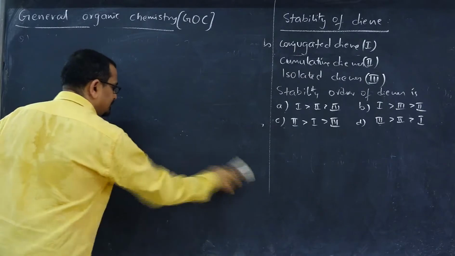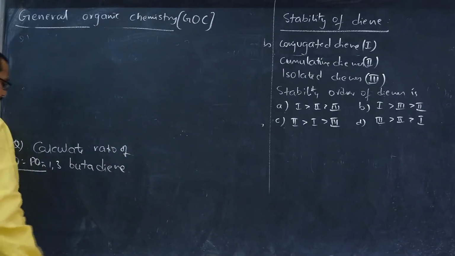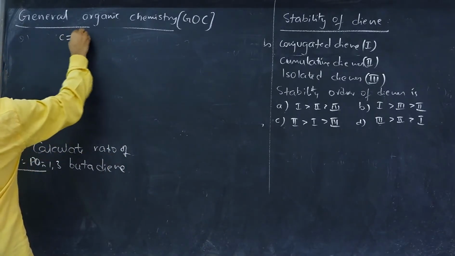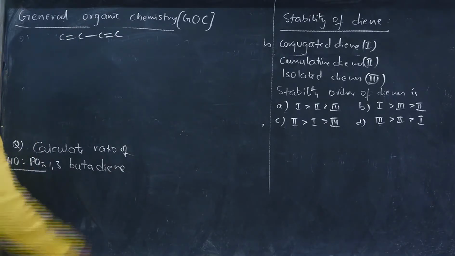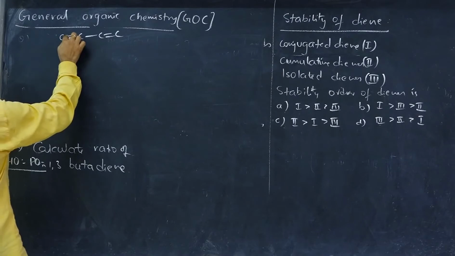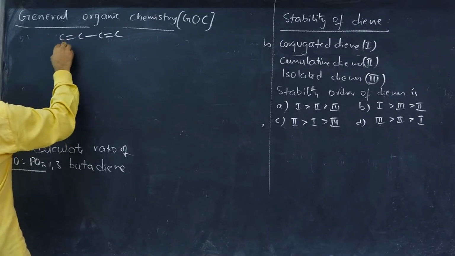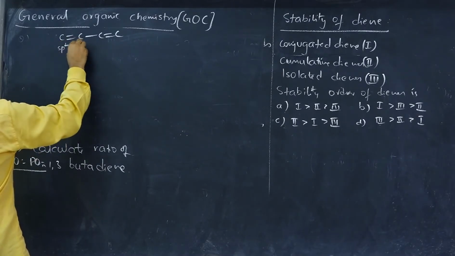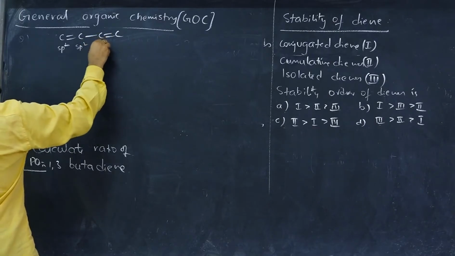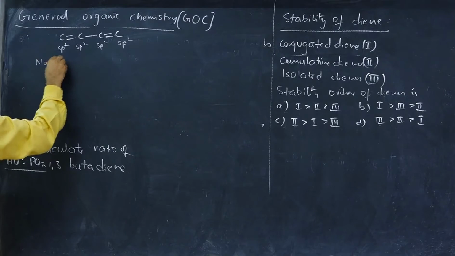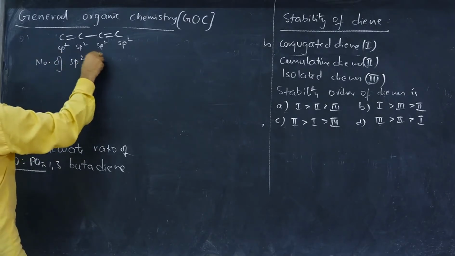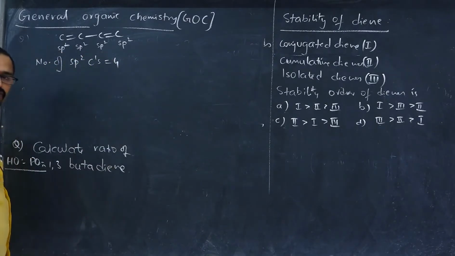See, this is 1,3 butadiene, a conjugated diene, right? When a carbon is forming 1 pi bond, it is said to be sp2. 1 pi bond sp2, 1 pi bond sp2, 1 pi bond sp2. So, the number of sp2 carbons is 4.